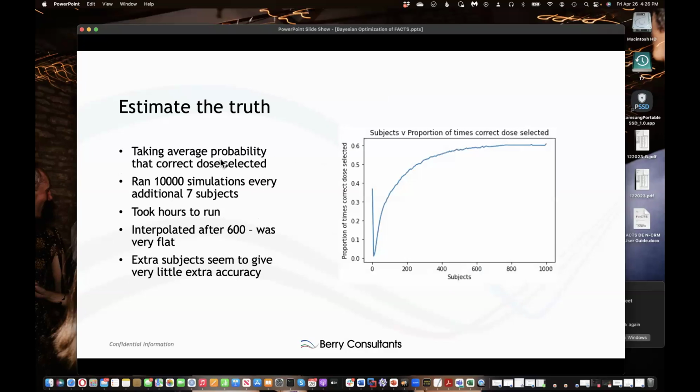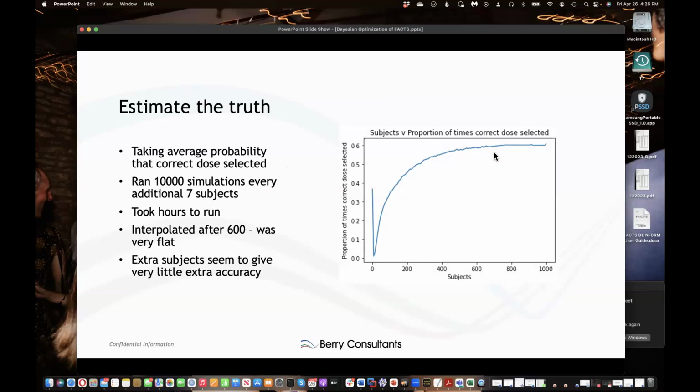And in order to find out what the true answer was, we ran a very fine-grained set of simulations. This took several hours to run, running 10,000 simulations basically at every 7-patient interval in the sample size. So 7 patients because we've got 7 arms, so each step represented 1 more subject on each arm.